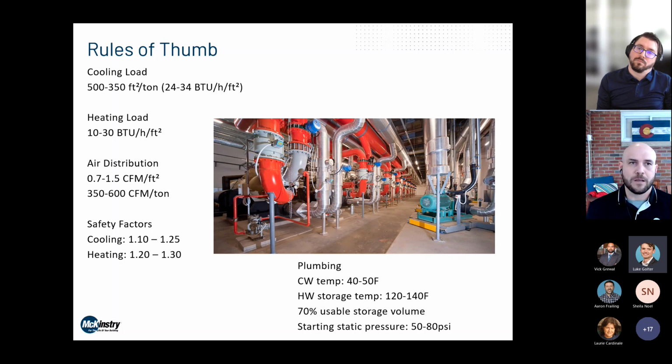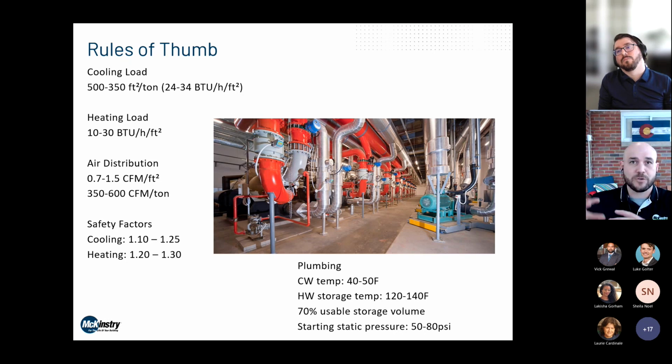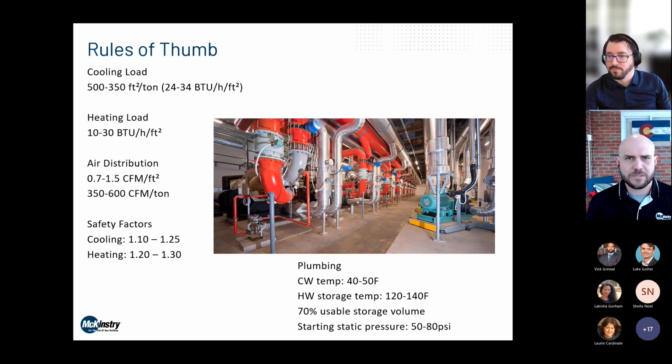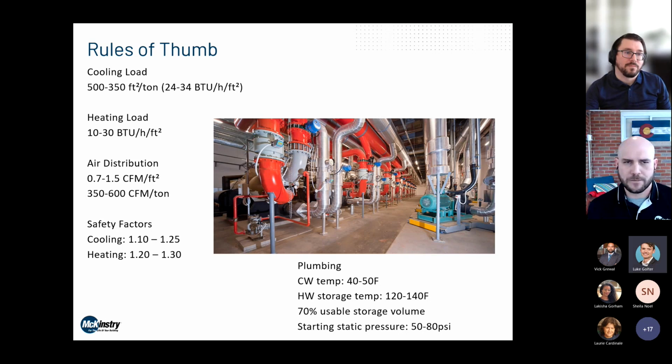Yeah, so that gets into what we call diversity. We're going to talk about that in a bit. How you size equipment for an individual space versus something that serves multiple spaces versus something that serves multiple air handlers and a plethora of spaces. So I think we're going to touch on that in a little bit. Cool. Yeah. I'll sit tight.